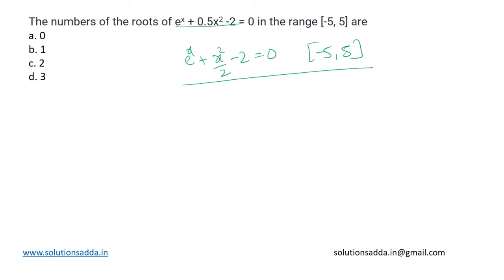So instead of solving this equation, let us think about some other way in which we could determine the number of roots directly without actually finding the roots. So one thing that comes to our mind is intermediate value theorem. Just like we have the mean value theorems, this one is intermediate value theorem, which says that, let us say in a given interval, the function is changing its sign.